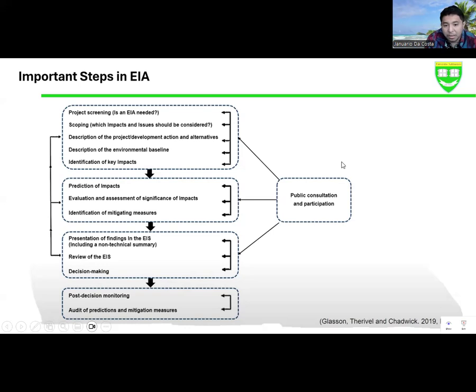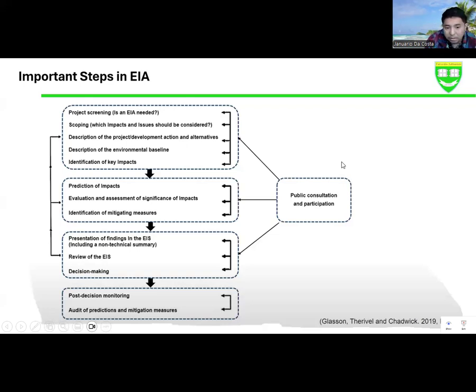Then we make predictions about the impact, evaluate and assess the significance of impacts, and identify the mitigating measures. After that, we put everything in the environmental impact assessment report, also including the non-technical summary.